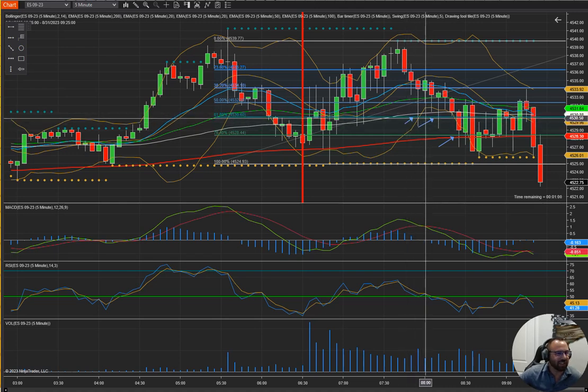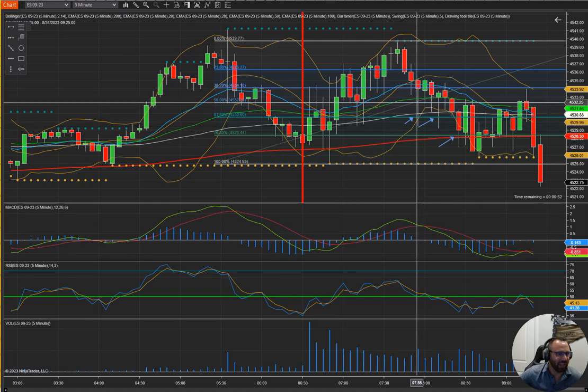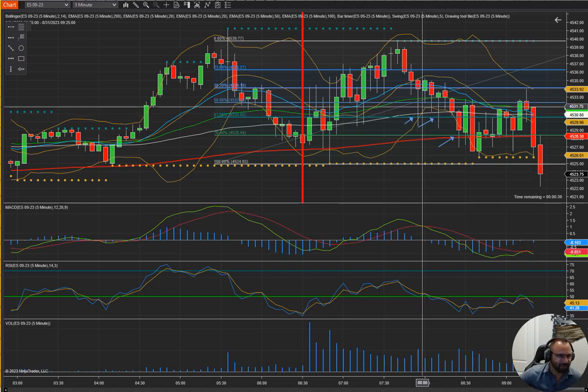And I'll tell you how I trade this. Once it entered and started to come up, I started to manually move my stop loss. Once it hit the 50% level, I moved my stop loss right up to break even plus 1 tick. That way, if it does come back down, I already have some money. I haven't lost everything.